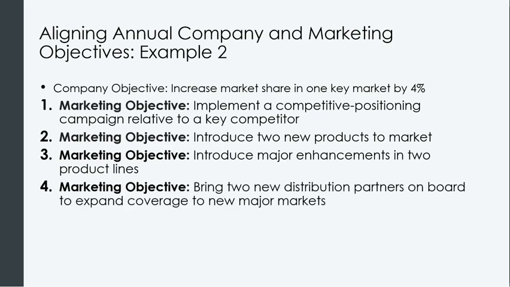The fourth one is to bring two new distribution partners on board to expand the coverage in a new major market. So if you have three shops or three markets where you offer your products, you have to increase these markets or shops by, for example, 2, 3, whatever.